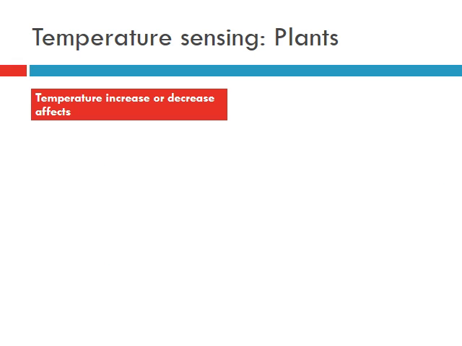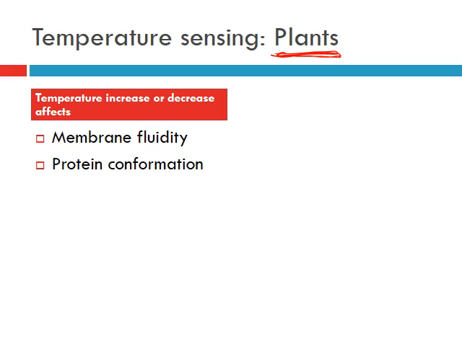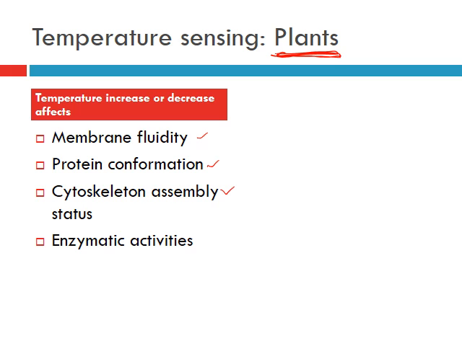A few points about how plants sense temperature. After we talked about how we sense temperature, how do plants do the same? Temperature increase or decrease affects a number of things: the membrane fluidity, the protein conformation, other structural changes, and enzymatic activities.